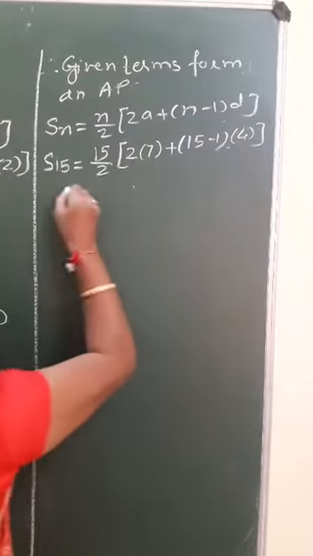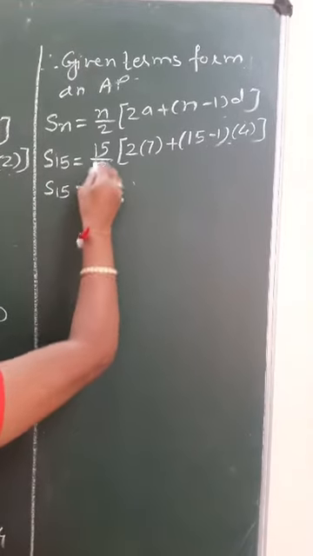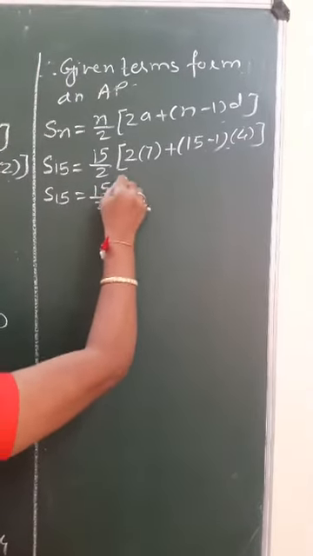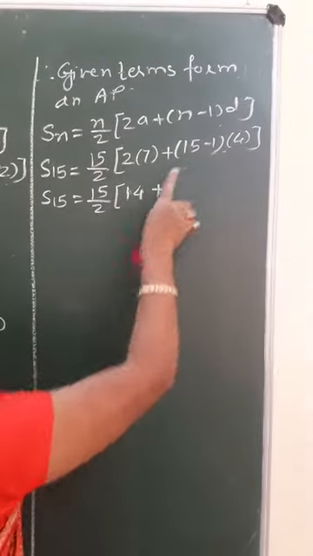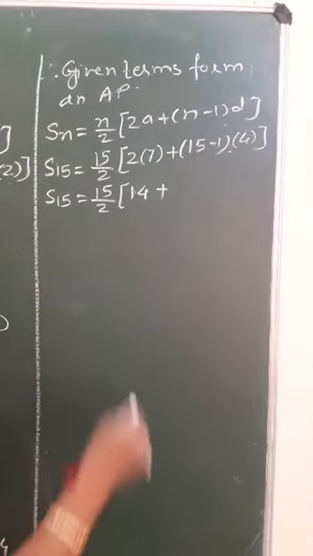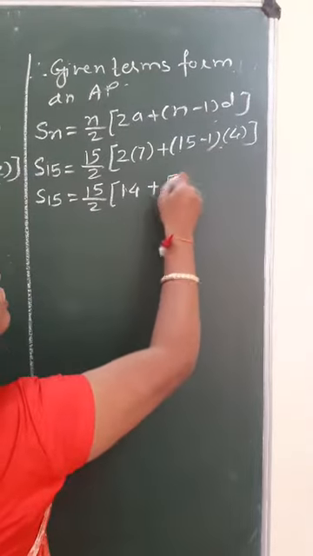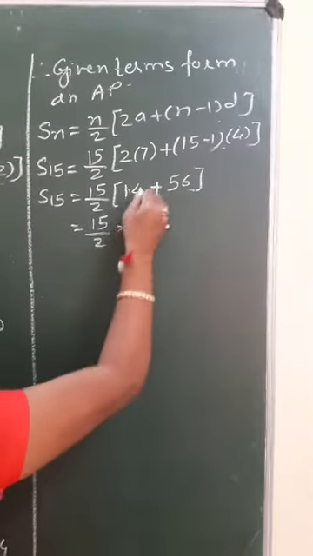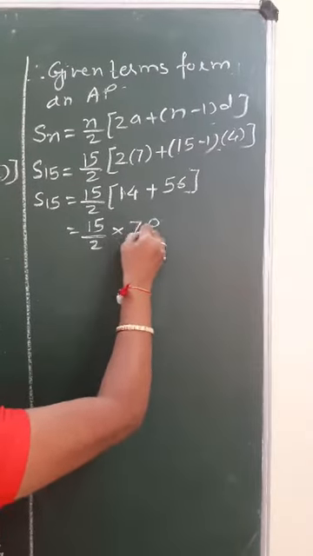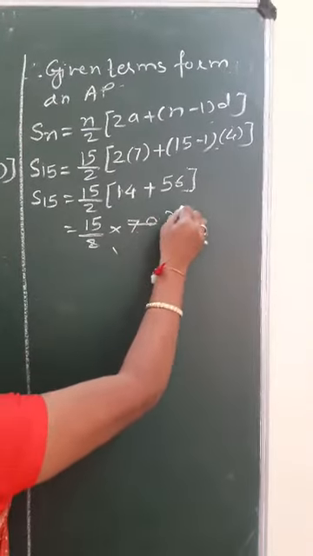Okay. So what will we get here, S15 is equal to 15 by 2 in the bracket 14 plus, 7 2s are 14, and here 14 4s are 56. So we get 15 by 2 into 70, 2 35s are 70.